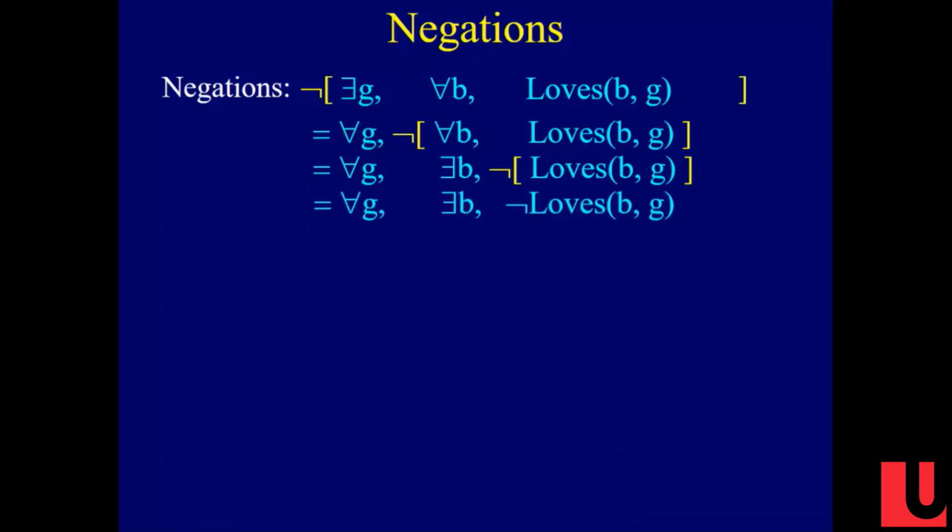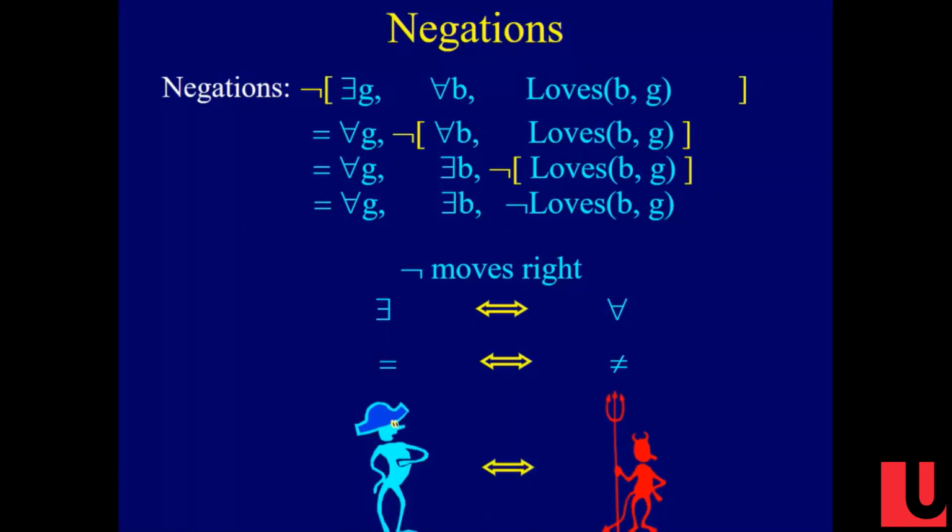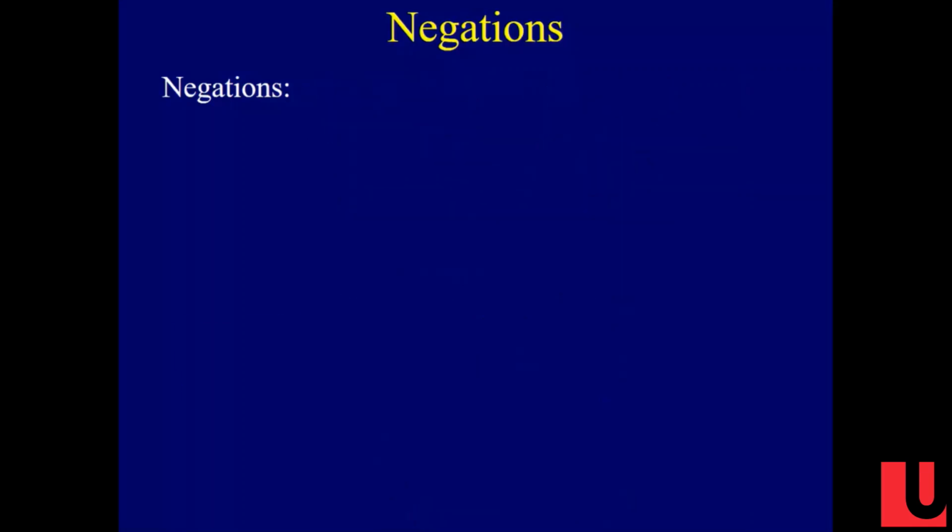And so you bubble it in. You'll note the exists is moving to the right. We're changing exists and for all, and we're changing equals to not equals, and we're switching roles from trying to prove it's true to trying to prove it's false. We're switching the roles of this game.